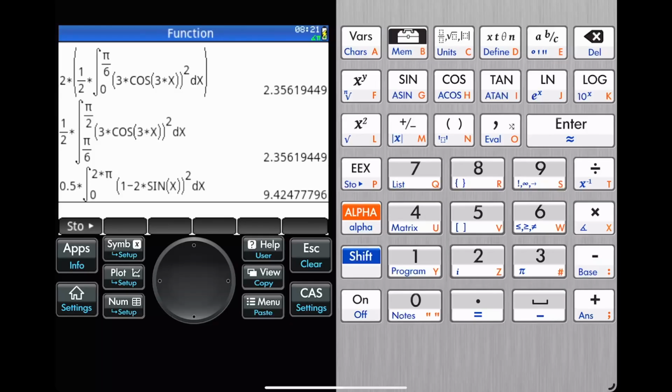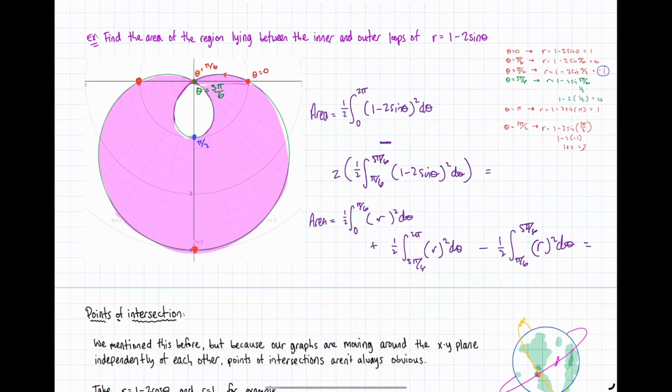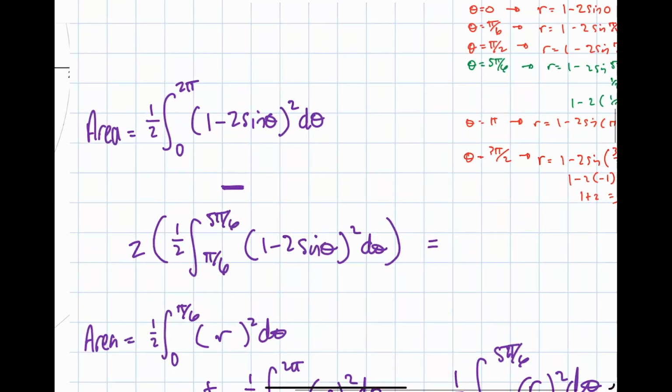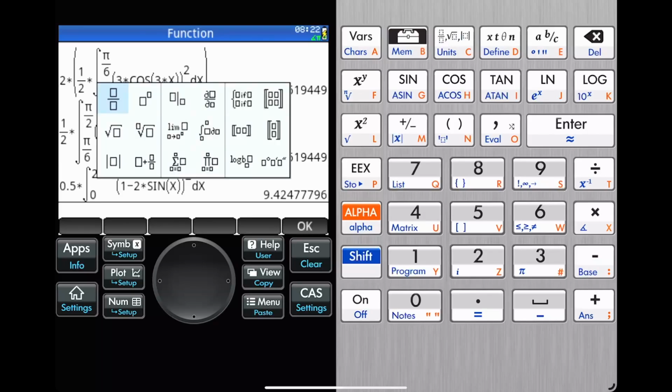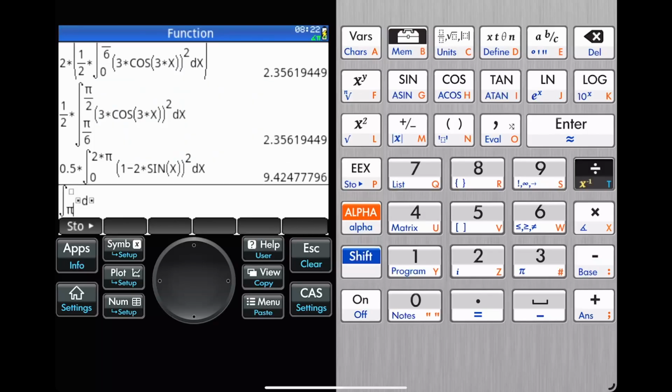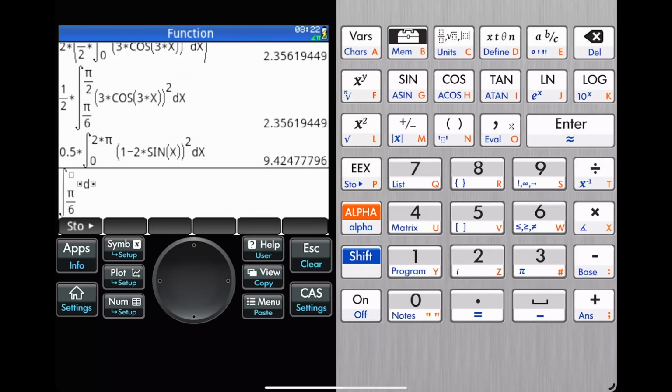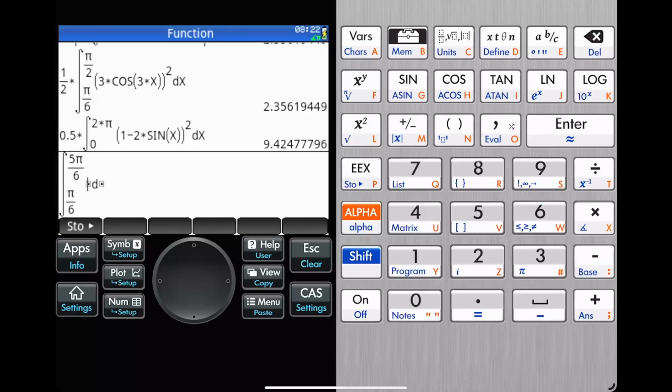So then I was going to go, oh, can I just be smart here and just say that this 2 and this 1/2 are just going to cancel out. I don't really need to do a 2 times 1/2. So I'll just take the integral from pi over 6 to 5 pi over 6 of 1 minus 2 sine theta squared d theta.